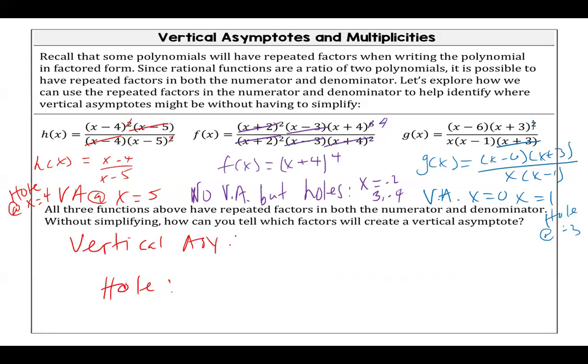How do you know? So if it was where it is a hole, it's x plus 3, so the hole would be at negative 3. And then the other one, it's x minus 4, so the hole would be at positive 4.